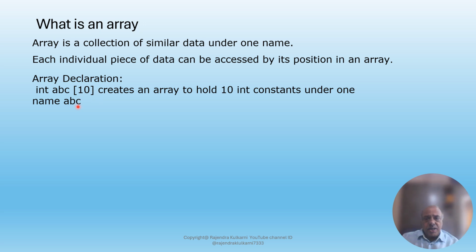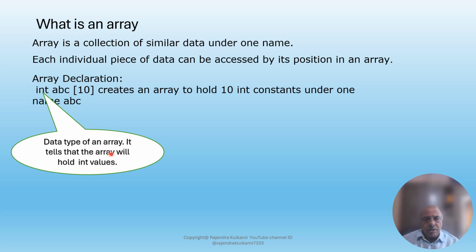ABC is the name of the array, and how much data that array will be holding under its name is given by this subscripted number 10 within the subscript. So this declaration creates an array of int values under the name ABC which will hold 10 int constants under one name ABC.